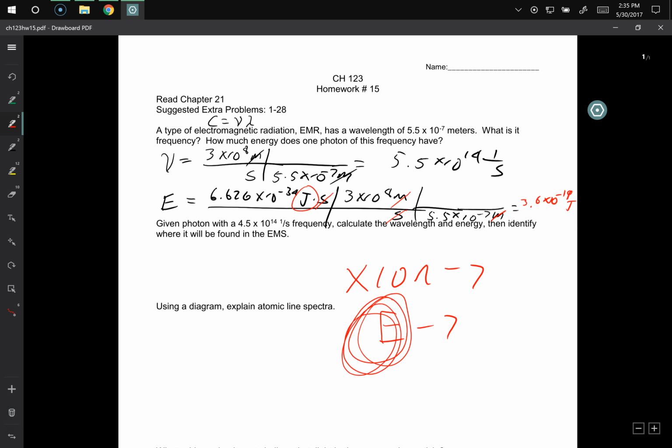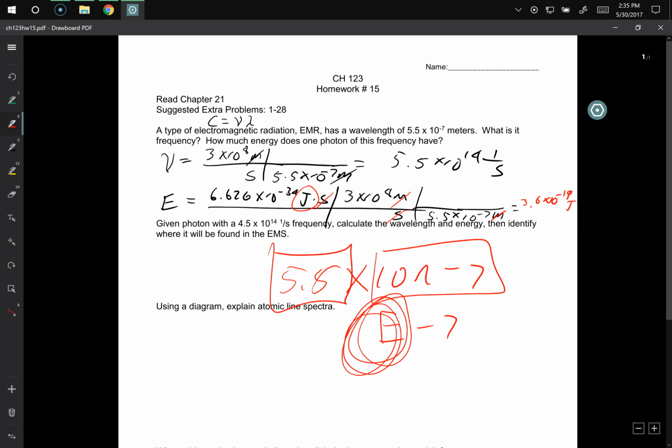So if I have, say, in this problem 5.5, and I type it into my calculator like this, it sees 5.5 and it sees 10 to the negative 7th as two separate entities. And then if the order of operations isn't done correctly with parentheses, you'll get the wrong exponent.